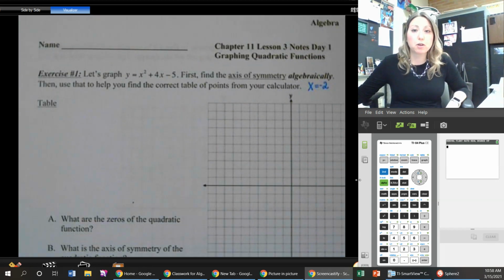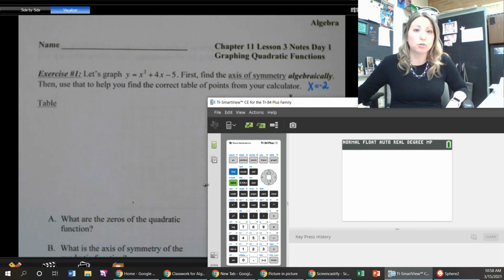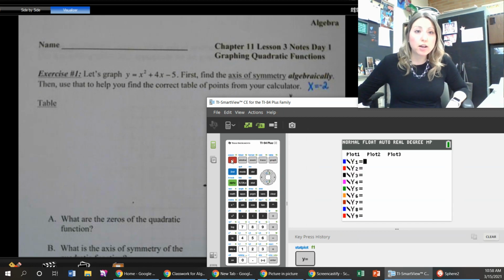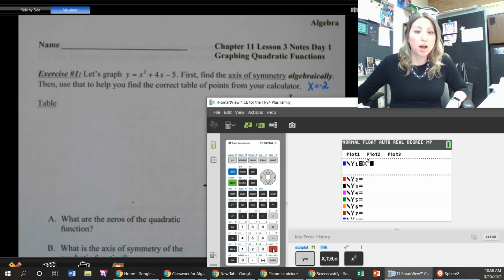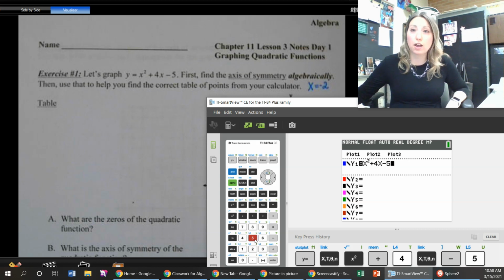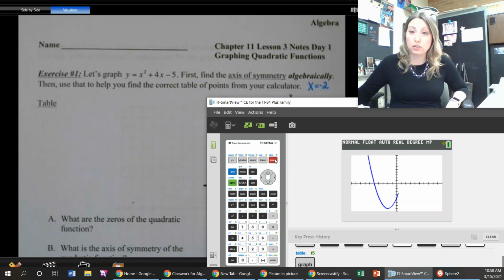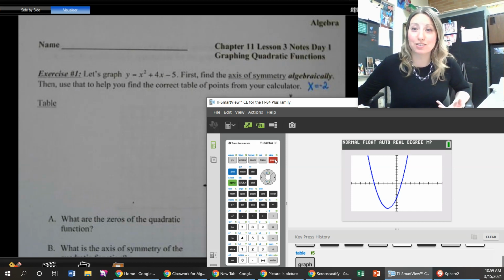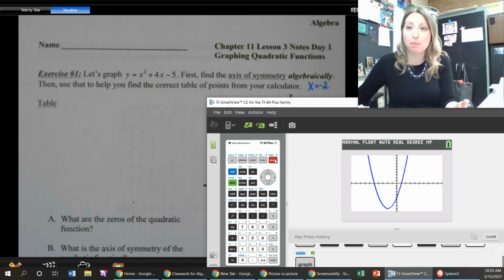So for now, I'm just going to make my graphing calculator a little bit larger so we can see the screen. Press y equals, and I've got my function equation right here, x squared plus 4x minus 5. So I enter that into y1. I press graph to see it. I can already see that x equals negative 2 is going to be the equation of my axis of symmetry, the line that cuts my parabola in half, right?